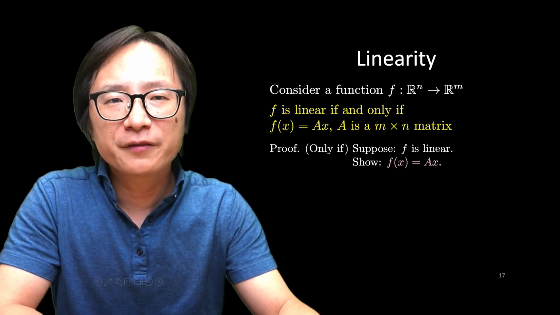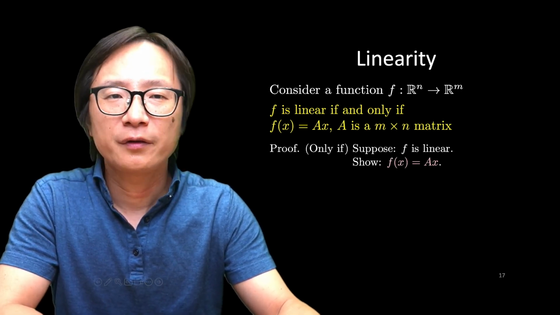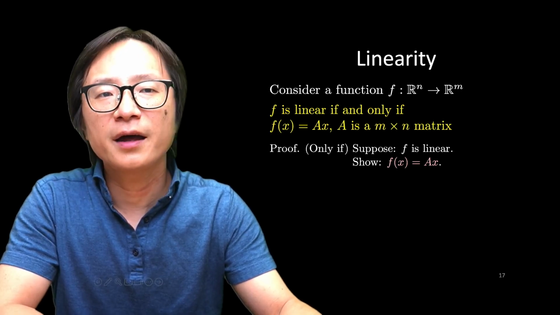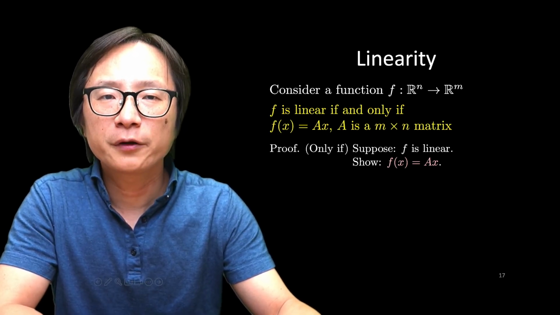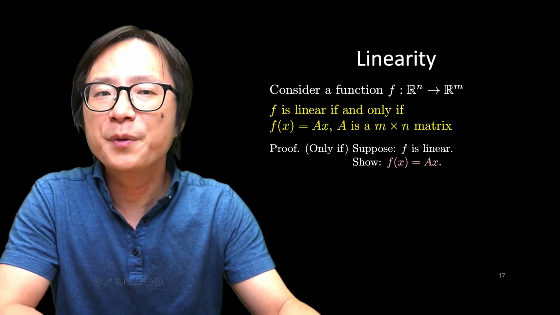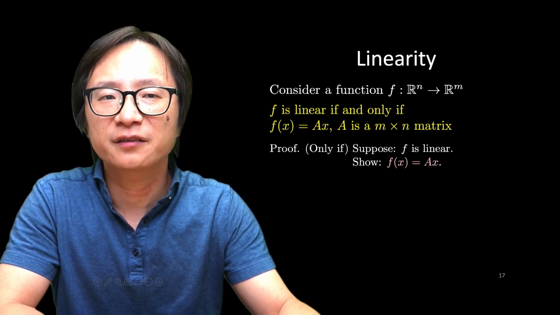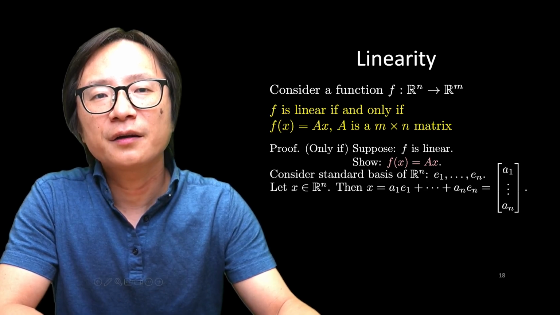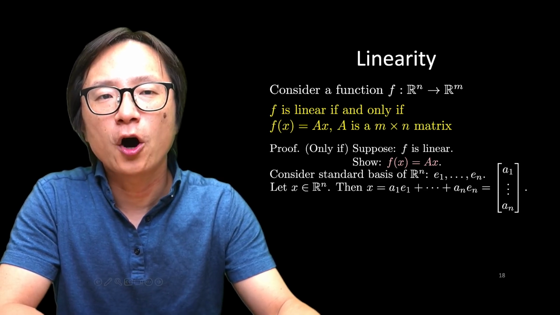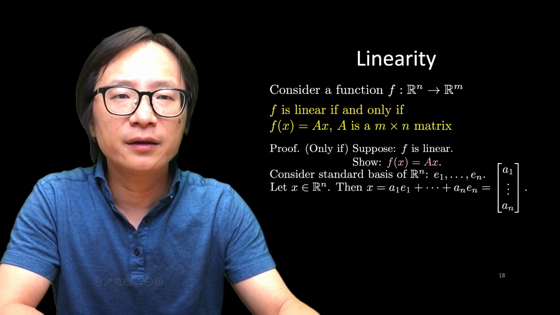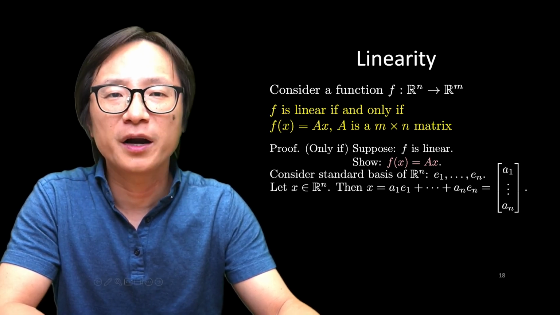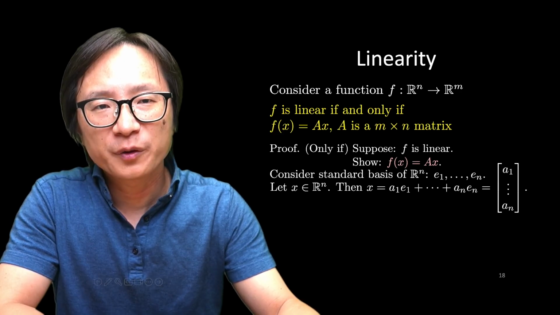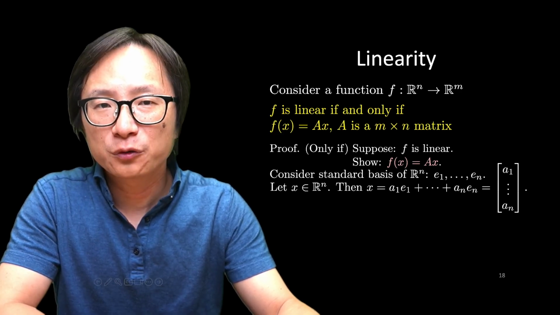Next, for the only if direction, let's suppose the other way around. Suppose that f is linear. What we want to show is that f(x) can be written in the form of A times x for some matrix A. Now let's consider the standard basis of R^n, e1 to en, where ei is a vector where 1 is at the position of i and 0 elsewhere.